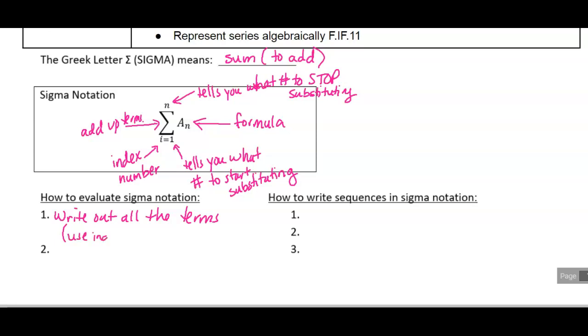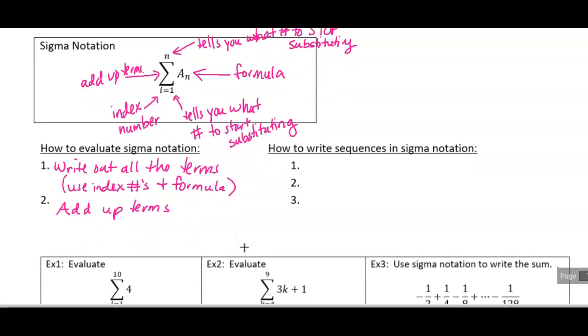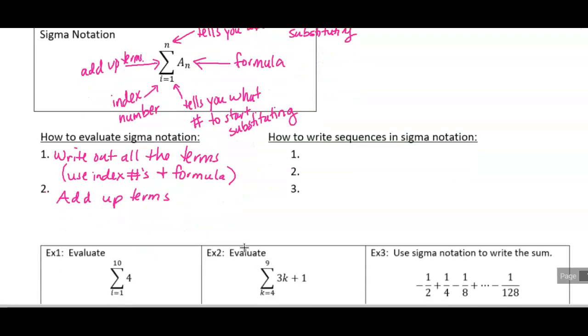Use the index numbers and the formula. Then step number 2 is add up the terms. Writing backwards means they might give us a bunch of terms and then want us to write them in sigma notation. We're going to do that once we get to those examples.